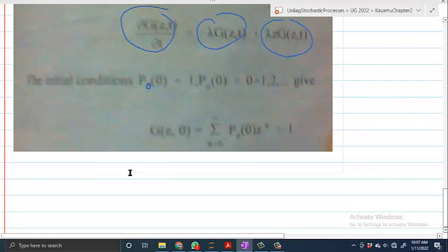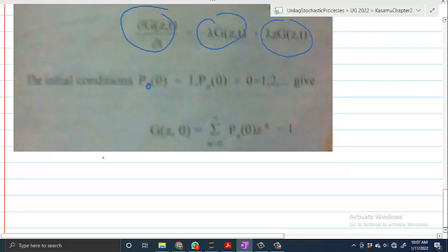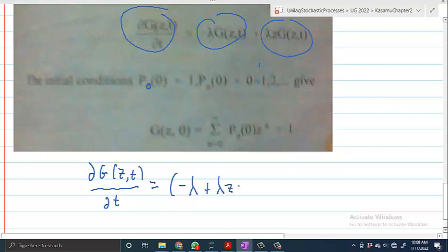What do we have here? Let me write it again so it's more clear. We have the derivative of g of z comma t with respect to t is equal to, well, I'm going to write these two terms together. I have a minus lambda, and then I have plus lambda z times g of z comma t.